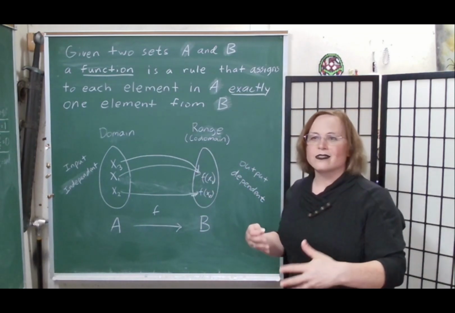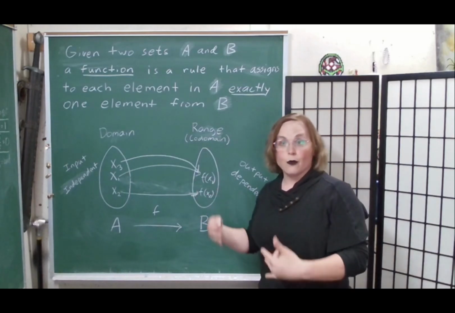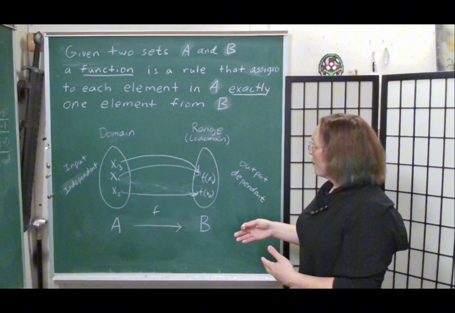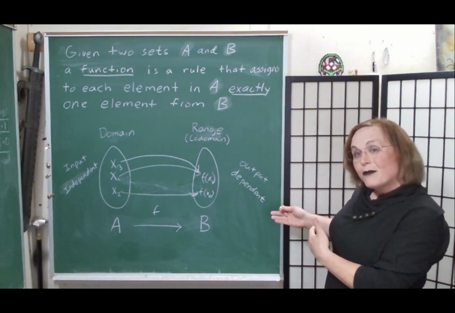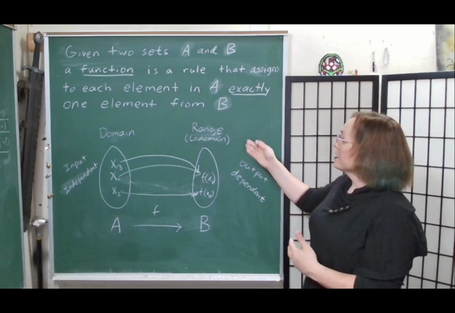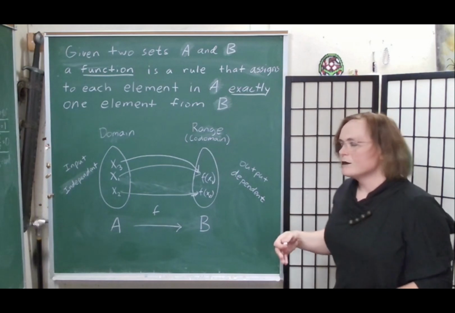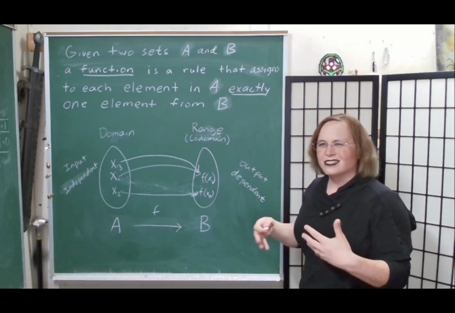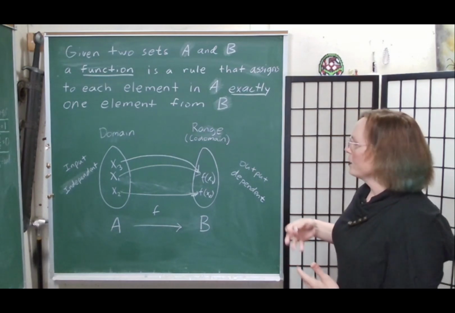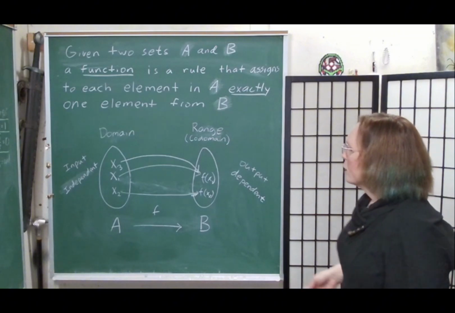So often you'll hear this as the x values for the function are the domain, and then all of the things that come out of the function, the outputs, the dependent variables, that is the range of the function. The other term you'll sometimes hear is called the codomain. More typically here in the United States and North America, we use range, but codomain is another term that you'll often hear.